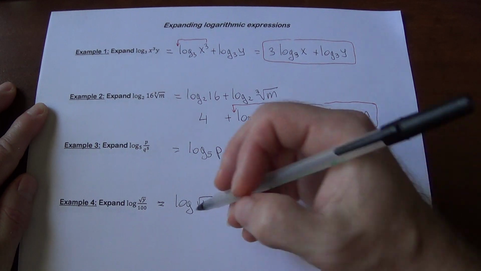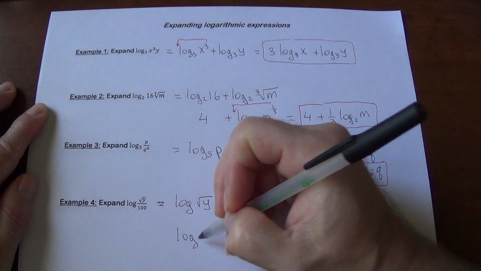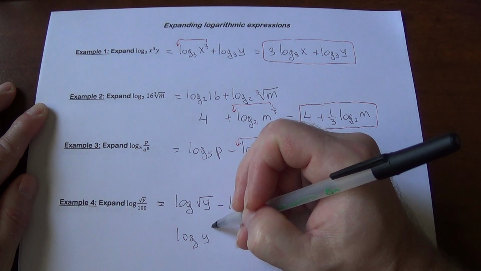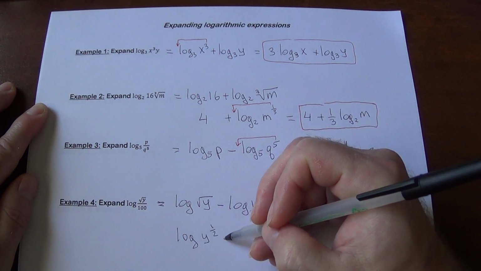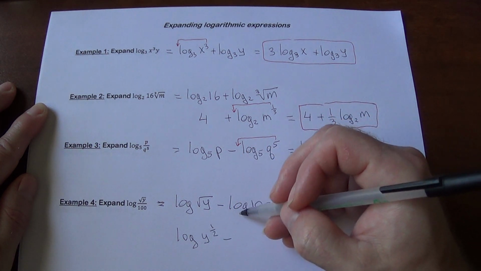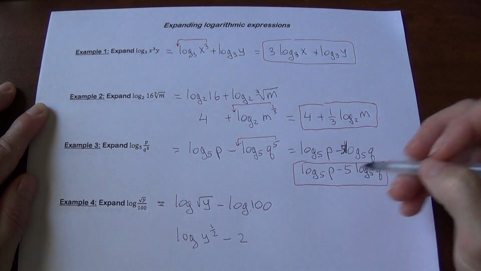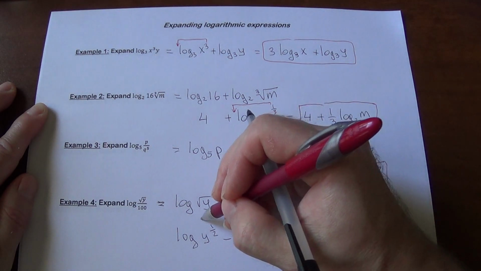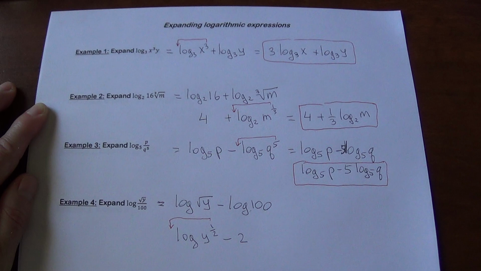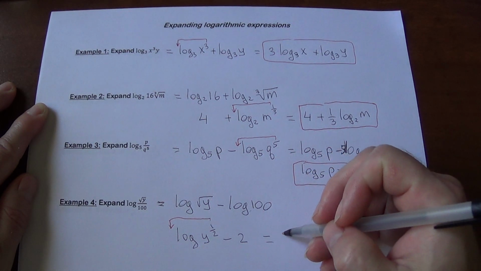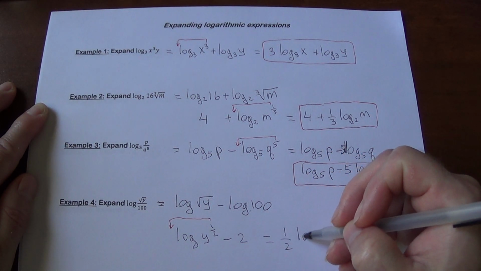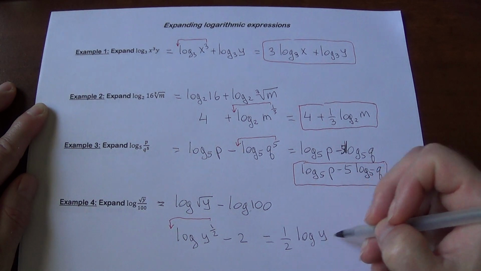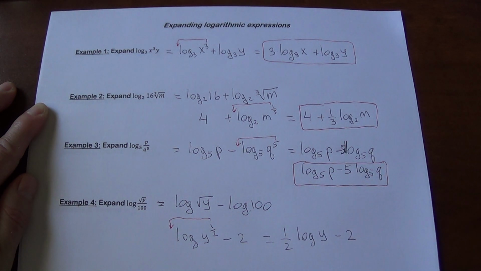That would be 2. And this here we're going to write as log of y to the power 1/2. We already know this is going to be 2. The exponent here goes in the front, and we're going to get 1/2 times the log of y minus 2.